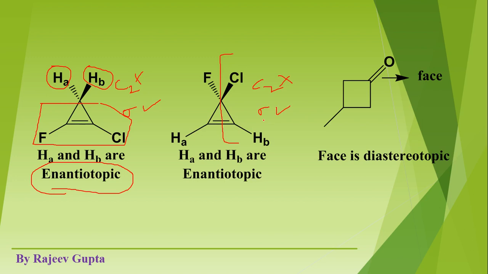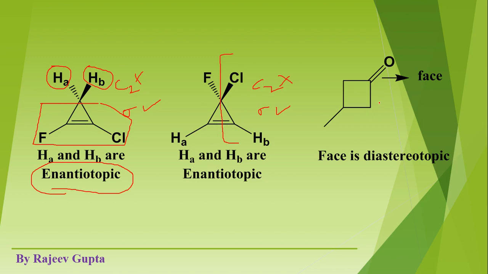So this plane is applied where this chlorine atom and fluorine atom will be cut in the middle, means the fluorine atom will be divided into two parts, along with this carbon-carbon double bond, and these HA and HB form mirror images. So these HA and HB are enantiotopic.